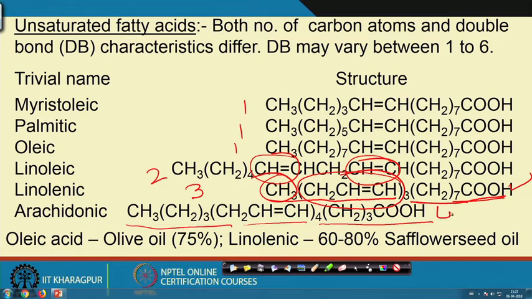We said that between 1 and 6 double bonds occur in naturally occurring unsaturated carboxylic acids, and we have given examples up to 4.